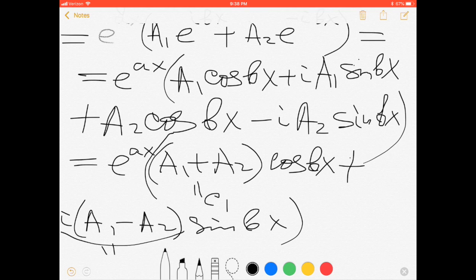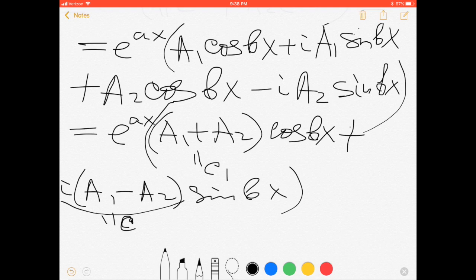This part we plug in as c2, and this means we prove our theorem.